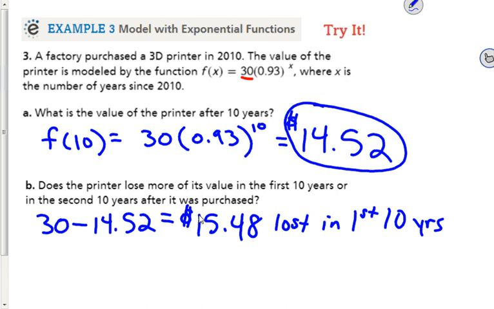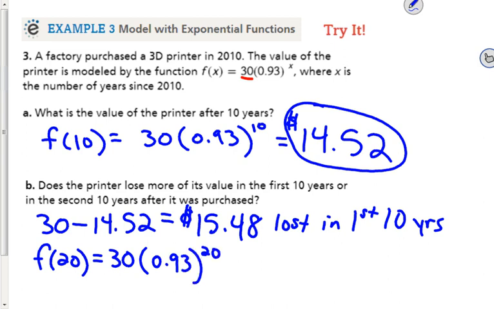All right, now we have to find the value lost in the second 10 years. So to do that, we're going to take the 14.52 minus whatever the value of the 3D printer was after 20 years. So the first thing we have to do is calculate f of 20. 30 times 0.93 raised to the 20.